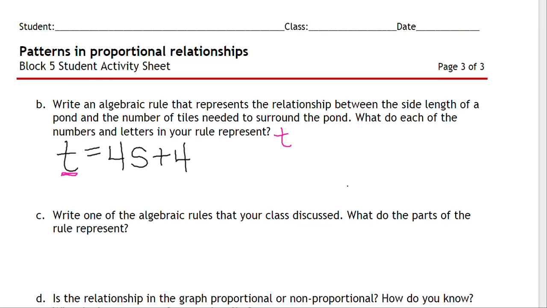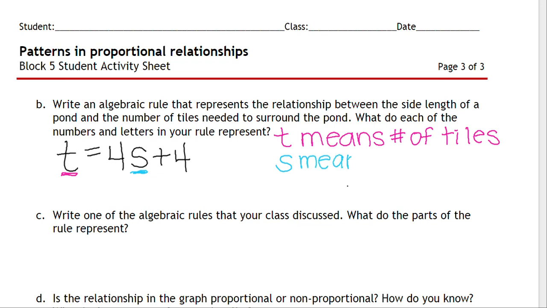And we've been saying this whole time that t is the number of tiles that we would need to put a border around that pool. Next, we should probably identify our s. And our s means our side length, how long the side of the pool is.